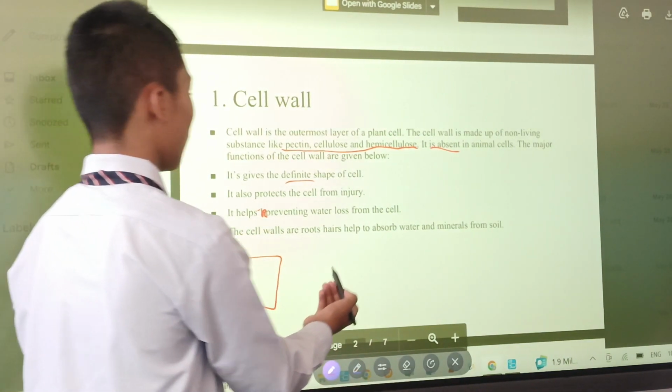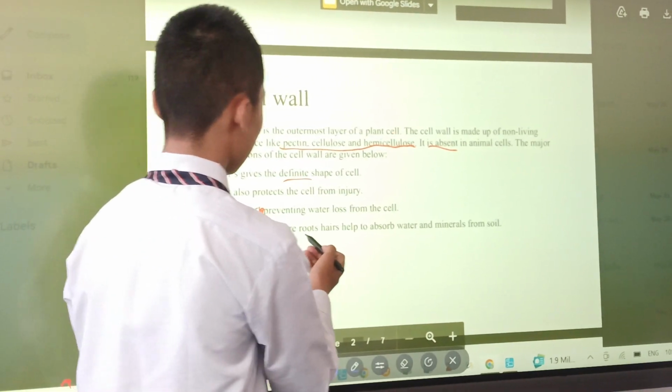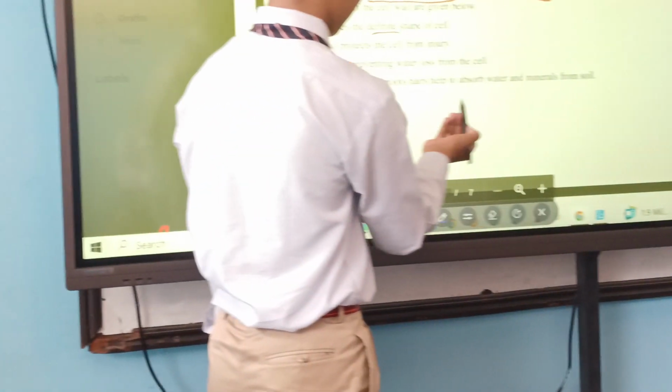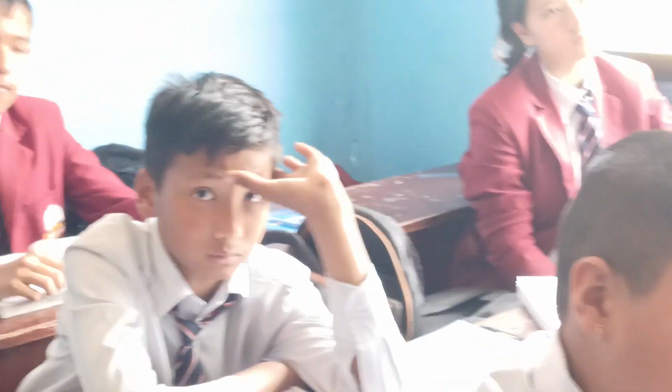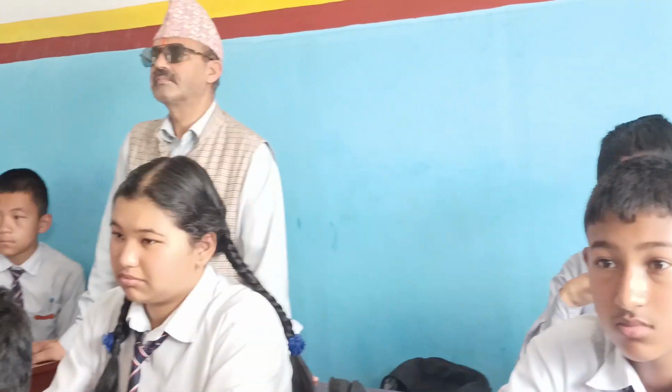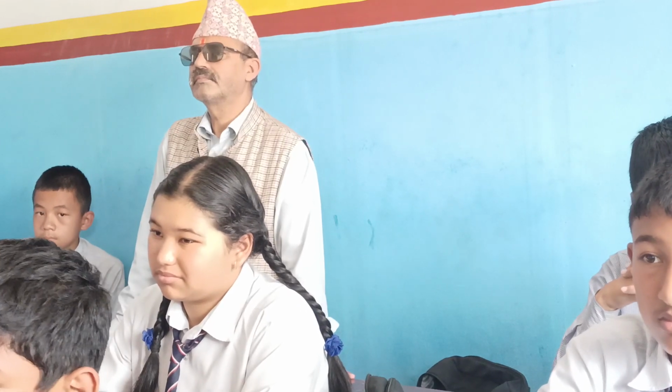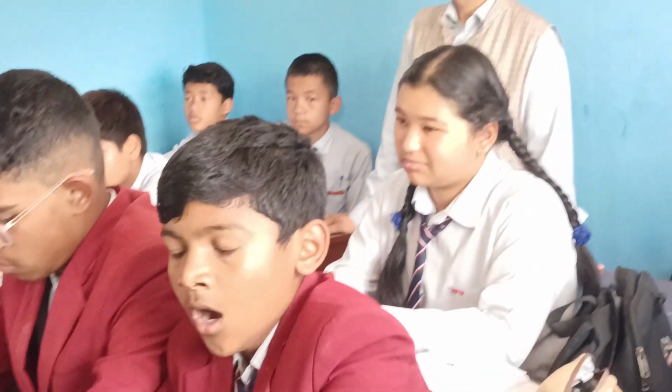The cell walls also help the root hairs. Root hairs help to absorb water and minerals from the soil. Because cell wall is only present in plant cell, it helps the roots to absorb water and minerals from the soil. The water and minerals come from rain, etc.